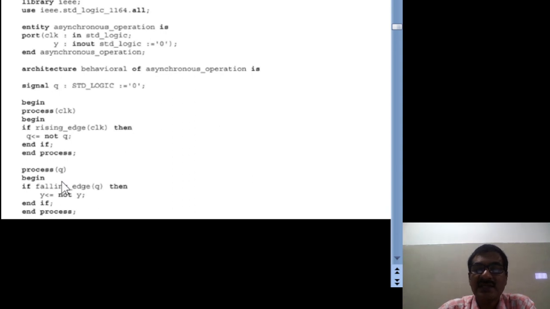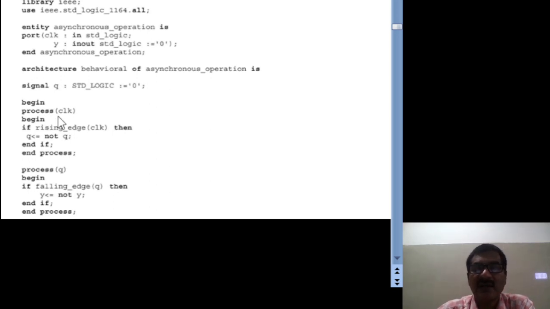Here two statements are there, Q equal to not Q and Y equal to not Y, but both assignments are not aligned with the clock signal. Q equals not Q is the statement executed when an event occurs in the clock signal.